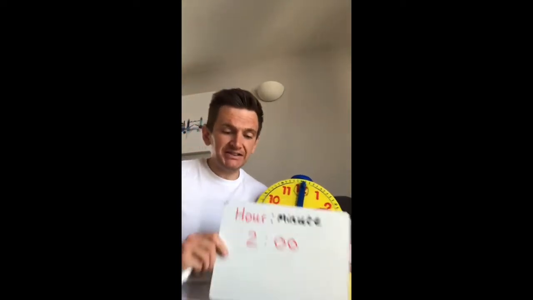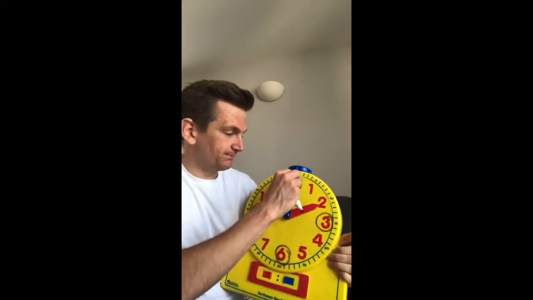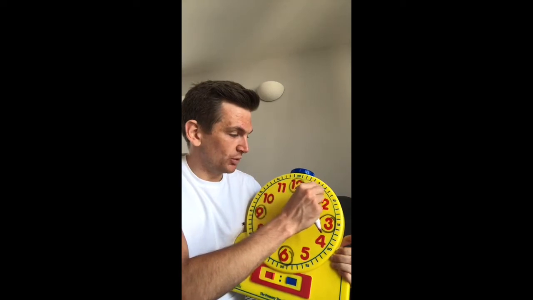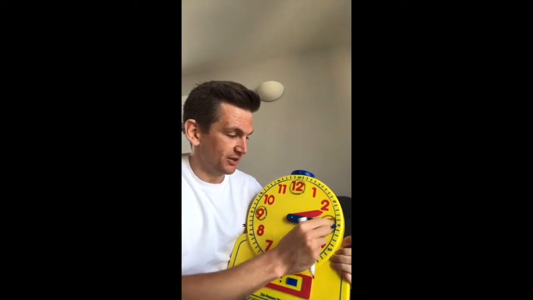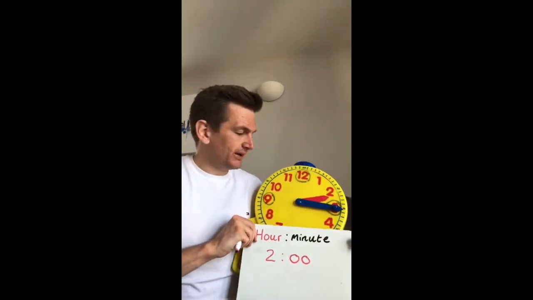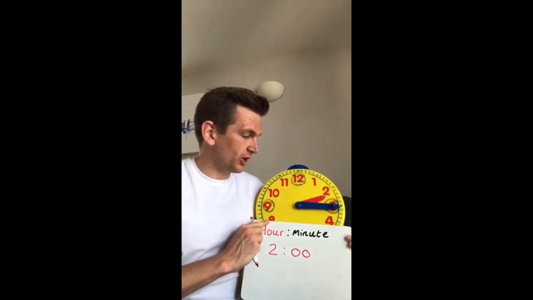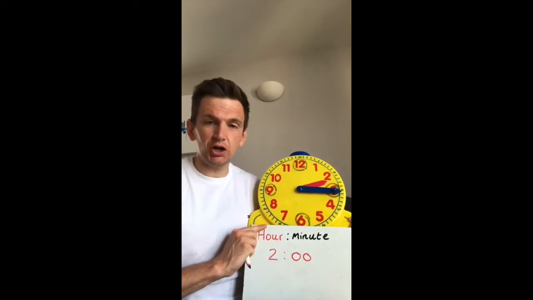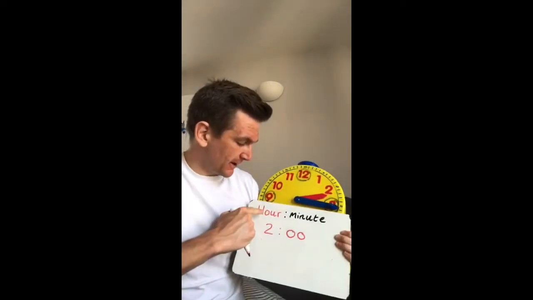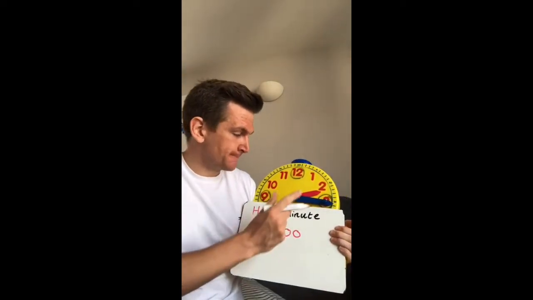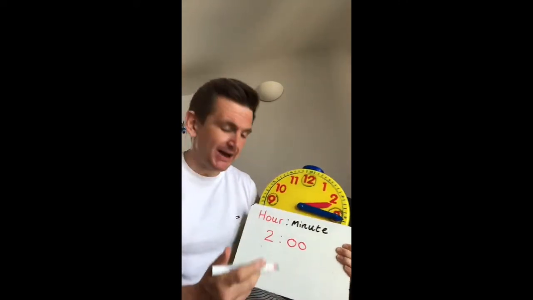Now, my next stop within my hour, again, is going to be at the 3. Okay, so we're going to go past the 1, 2, and finally get to the 3. Now, does anybody now know what time this would be on my digital clock? Now remember, my hour goes first, okay? So my hour hand is pointing to my 2. I'm still in my second hour.